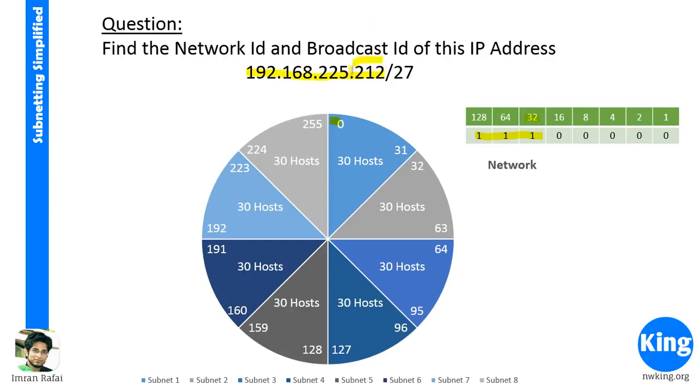Each of these numbers represents the last octet, so 212 comes here. That means our answer for this question is: 192.168.225.192 is our network ID, and 192.168.225.223 is our broadcast ID.